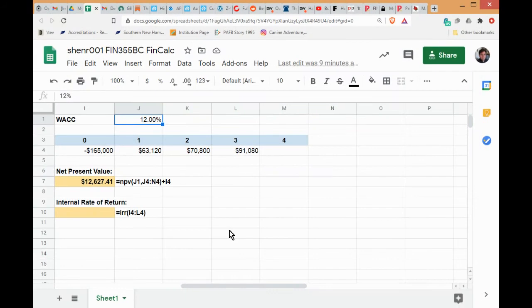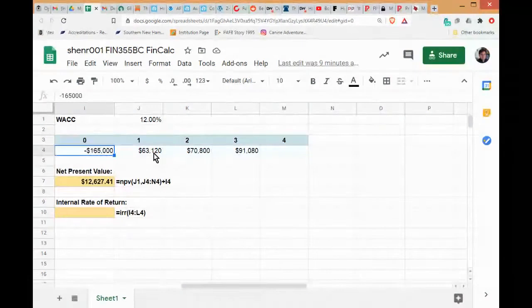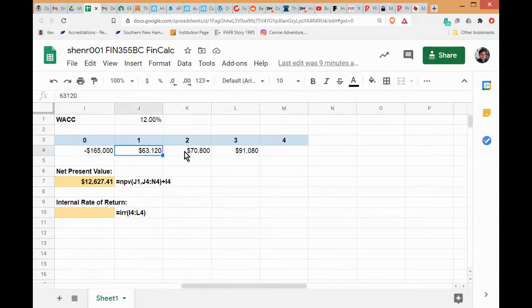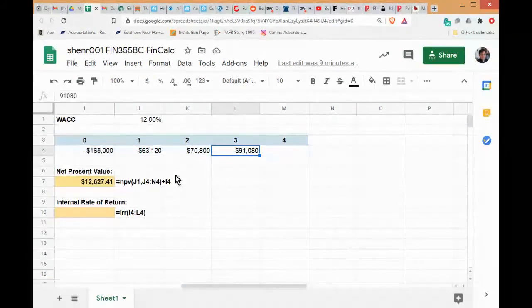Okay, here's a spreadsheet which was introduced in the first video. We used it to calculate the net present value of an example project, and we see the same information presented. There's a cost of capital, a weighted average cost of capital of 12%. There are cash flows. There's an initial cost of $165,000, followed by incoming cash flows of $63,120 first year, $70,800 second year, $91,080 in the third year.